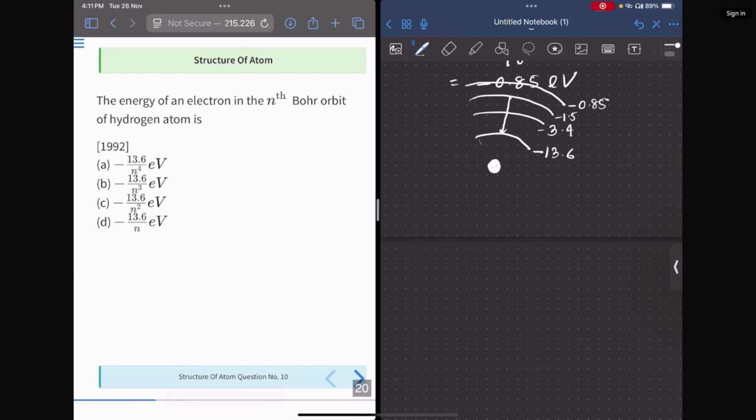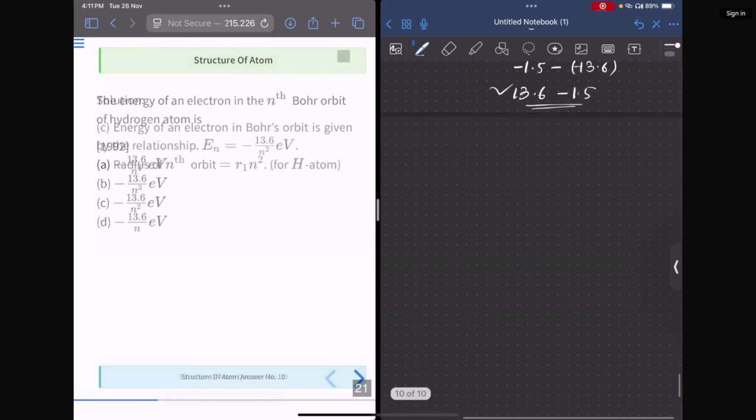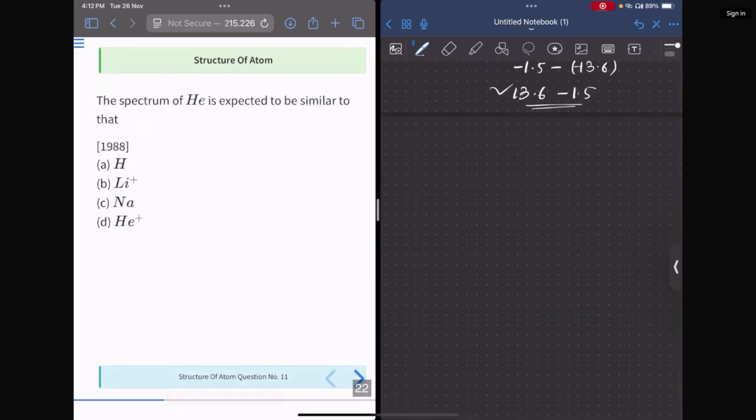You just subtract, minus 1.5 minus minus 13.6, that will be 13.6 minus 1.5. If you remember these values, you will find it easy to calculate. So let's move on to the next question.